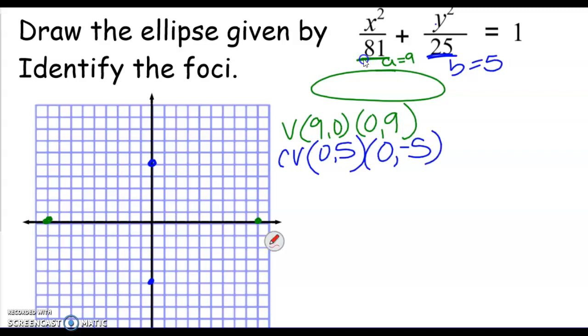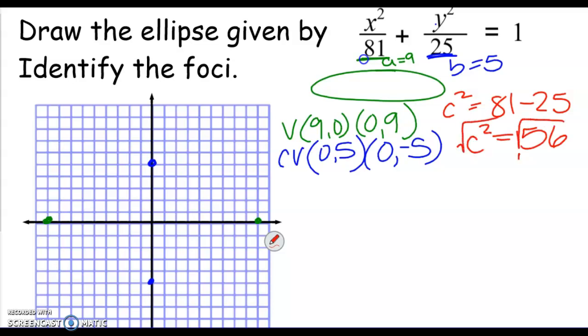Well, my foci are going to be a squared minus b squared, so 81 minus 25 equals c squared. This one doesn't come out as nicely, does it? So 81 minus 20 is 61 minus 5, so 56. So plus or minus square root of 56.